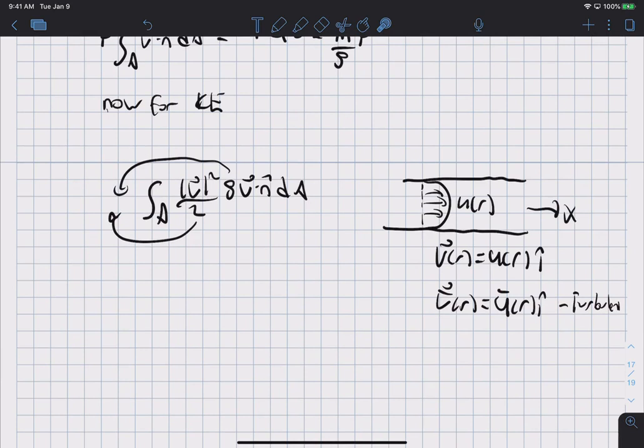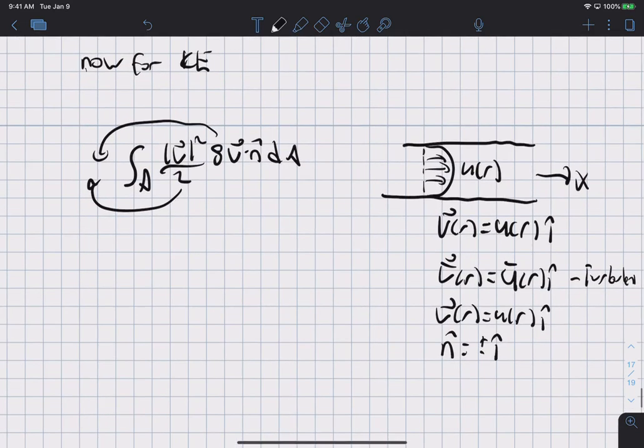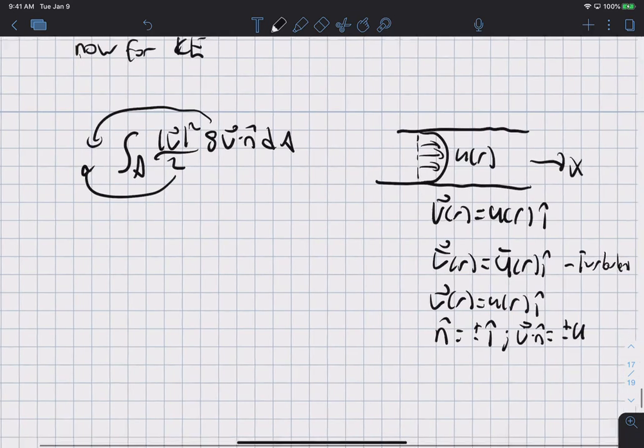Okay? And so we know that v of r equals u of r I hat, and n hat equals, we'll just say, plus minus I hat, depending on which face we are thinking about. And so v dot n hat equals plus minus u.